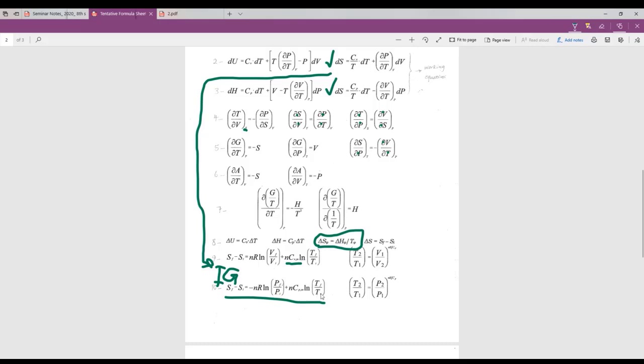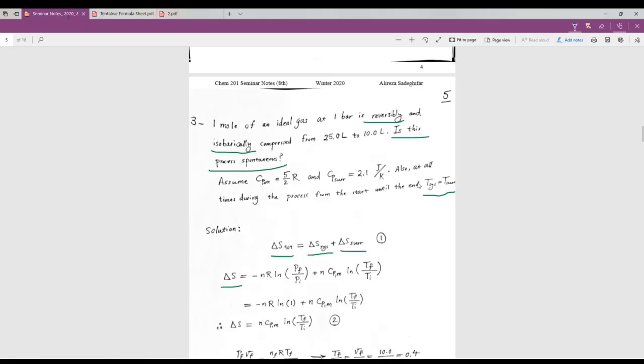What about T final over T initial for the system, of course? Do we have any information about it? Of course, we have the volumes, but we also have this information here, T system equals T surroundings. Even though T system is equal to T surroundings, it doesn't say whether they are constant or not. They're not really constant here.